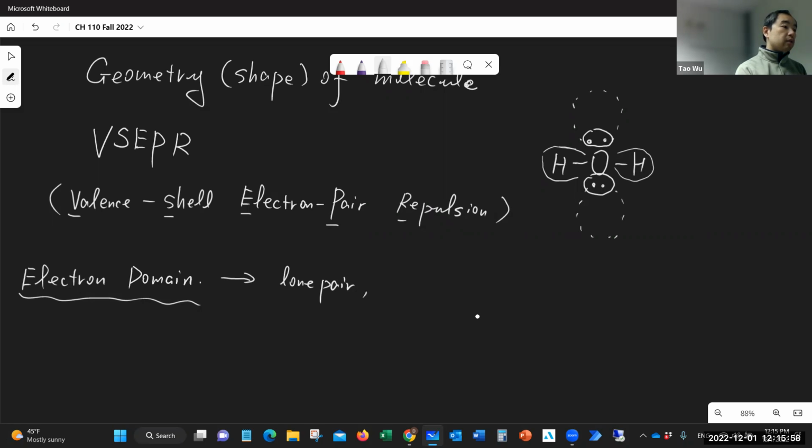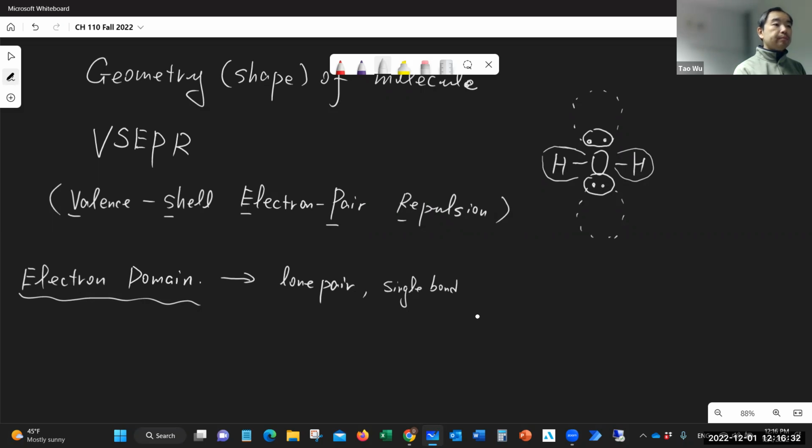Others that can also be an electron domain are single bonds. If a compound has a single bond, that single bond can be one electron domain. For example, this oxygen has 2 single bonds, so that's 2 electron domains plus 2 lone pairs.